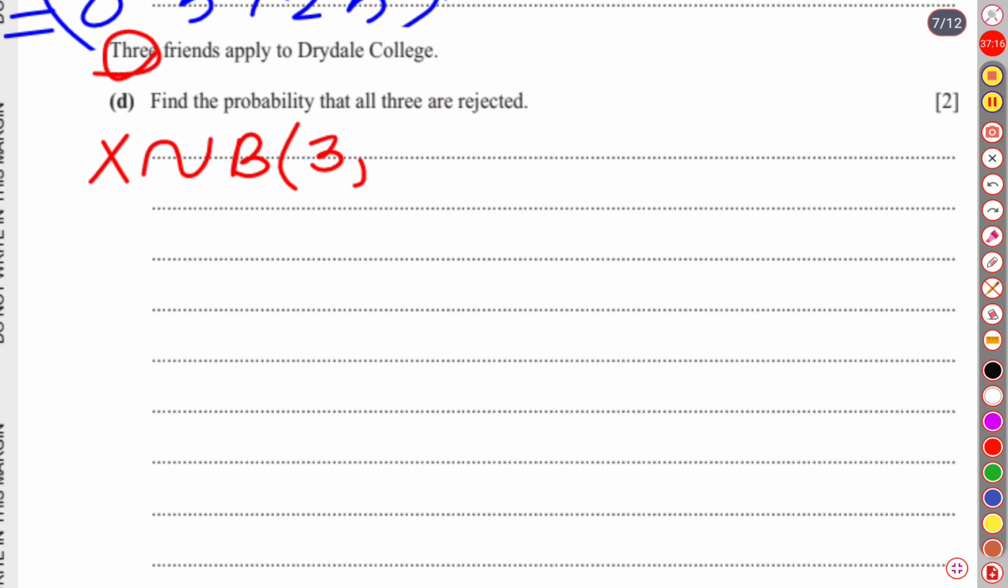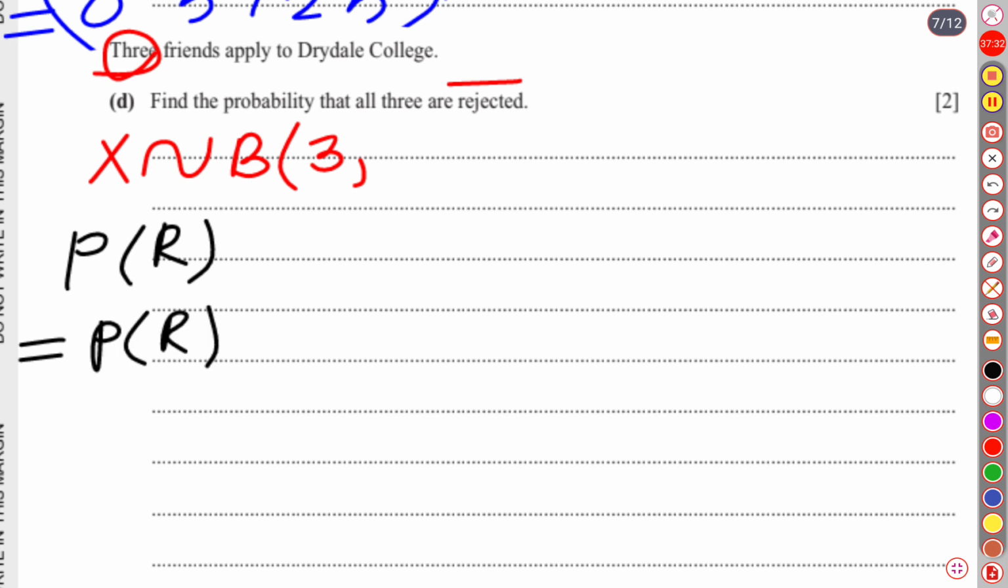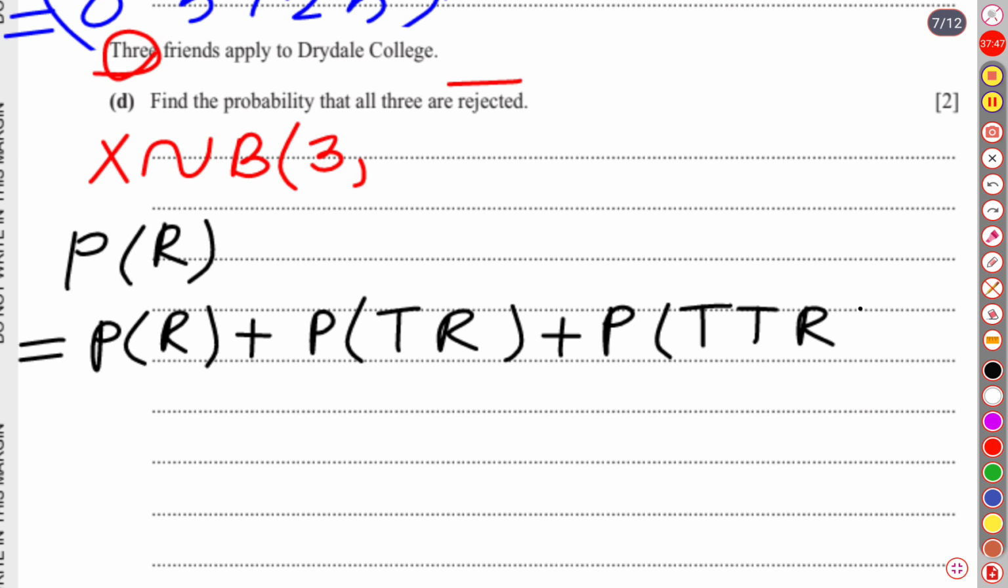So for one student, for being rejected, what may be the possibilities? Let us find this, the probability of rejection for one student. He might be rejected in the first chance, or he was given a second chance, that means T, then he was rejected, or he took the third chance, that means first time he failed, second time he failed, third time he was rejected.